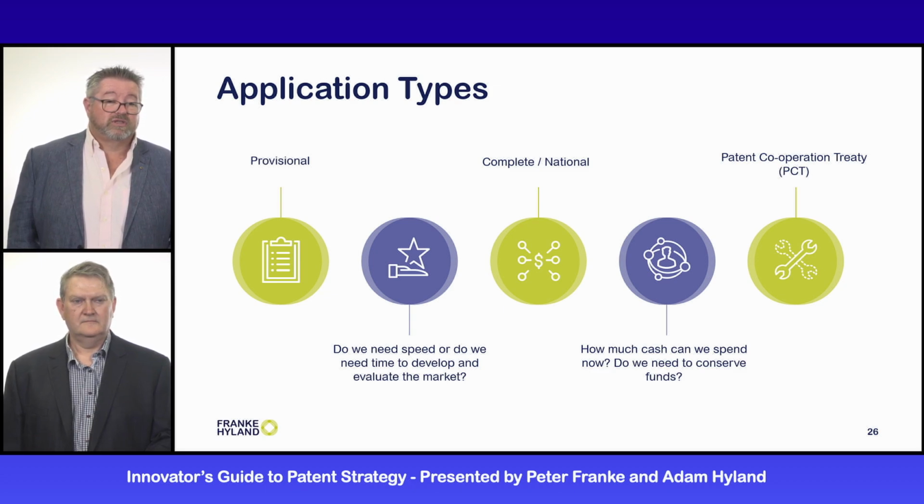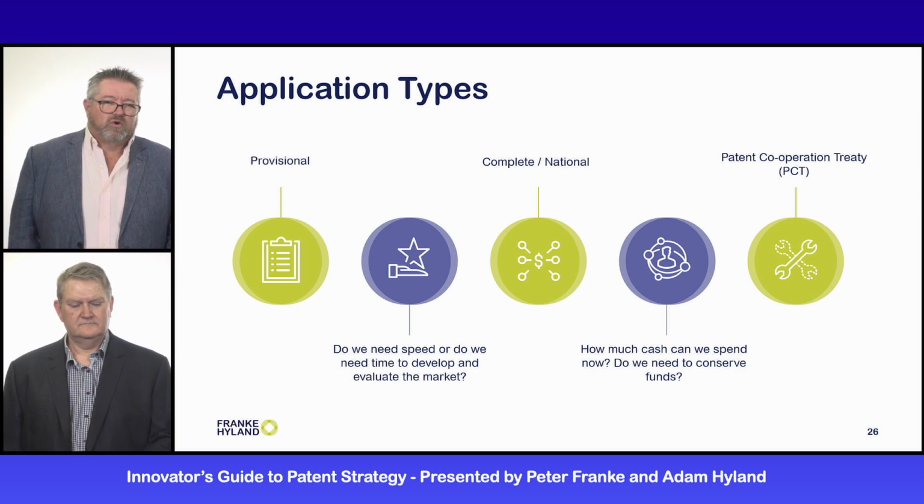You may not be certain that you want to spend $50,000, $60,000 on applications in a whole bunch of different countries. So the Patent Cooperation Treaty application allows us to put that decision off for an extra 18 months. It acts as a bundle of national applications which are then nationalised at that date, 30 months from filing your provisional application.